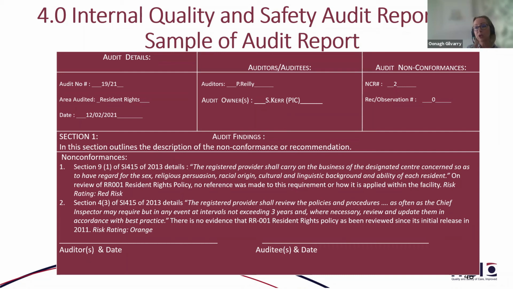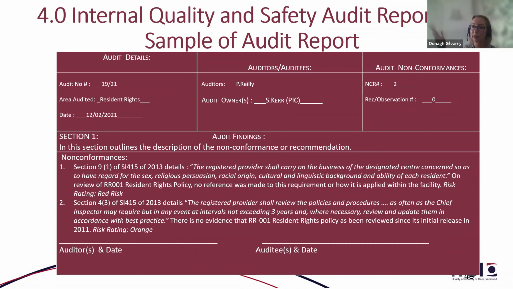So what we're doing here is we're saying, this is the requirement. There was no evidence of that found within your policy and procedure, and on that basis, we would allocate it a risk rating of red. Okay. Similarly, in the next section, you have your requirement detailed from the SI. There is no evidence that the RR001 residence rights policy has been reviewed since its initial release in 2011.